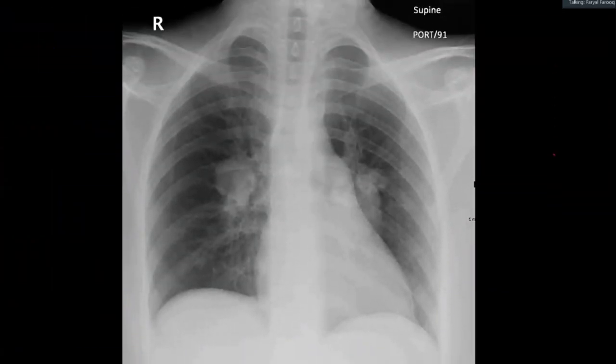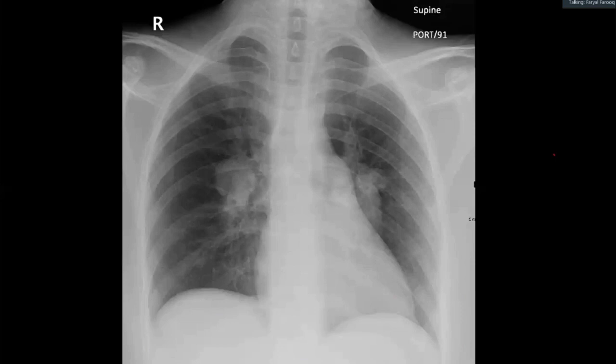Okay, I'm provided with a frontal chest X-ray projection of a supine patient. I'm trying to look at the lungs. They appear grossly unremarkable. I'm looking at the mediastinum, the trachea and the heart, and they appear grossly unremarkable.